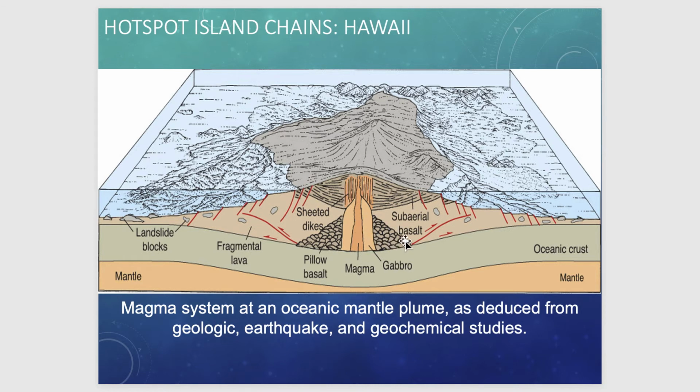Then you have your pillow lavas on the side, and then all the slumping materials, so fragmental lavas forming, and then you have larger blocks that result from the transport in response to major landslides, and also the subaerial basalt formation. So here it's all basaltic rocks that are more pahoehoe-like.